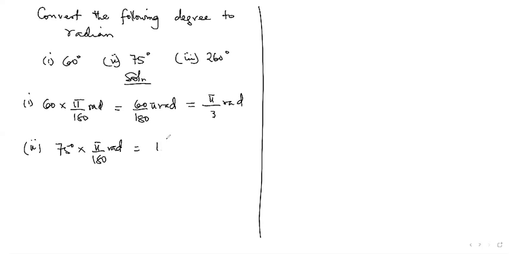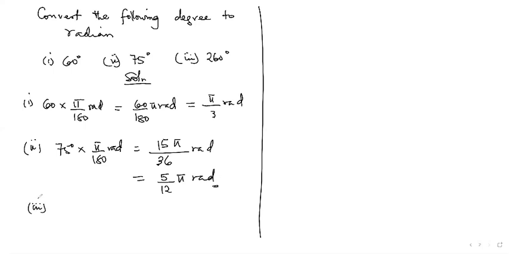And 5 into 180 is 36. Although I think we can still do something about this. 5 goes into 15, 3 times, and into 36, 12. So that's all.